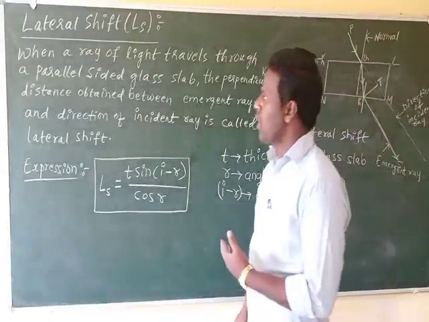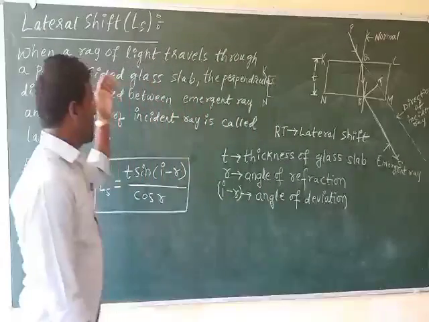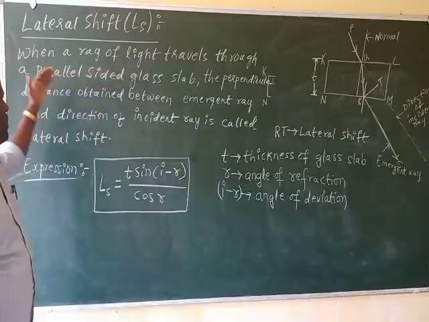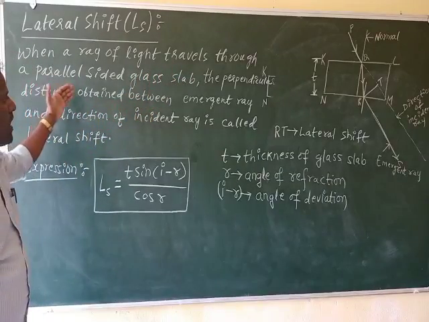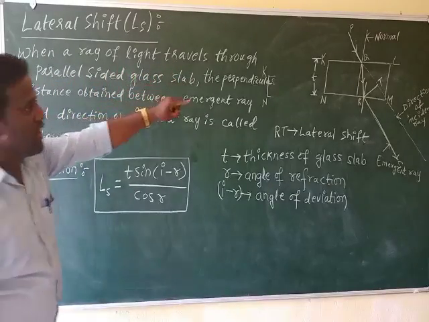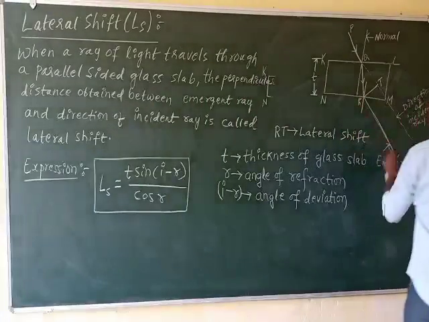So what is a lateral shift? When a ray of light travels through a parallel sided glass slab, the perpendicular distance between the emergent ray and the direction of the incident ray is called the lateral shift. PQ is the incident ray, this is the refracted ray, and RS is the emergent ray.